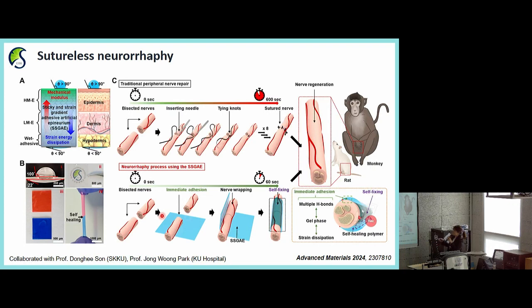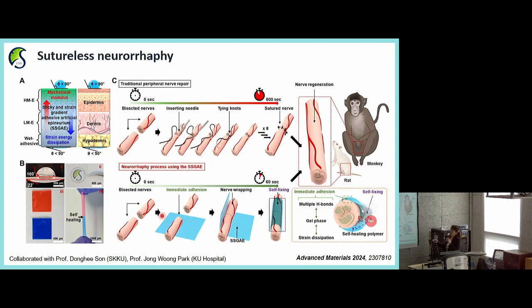So we demonstrated the efficacy of our hydrogel-based patch in a rat sciatic nerve model and a monkey median nerve model. Our patch here is very transparent, but it has a hierarchical structure that is inspired by the human skin tissue.